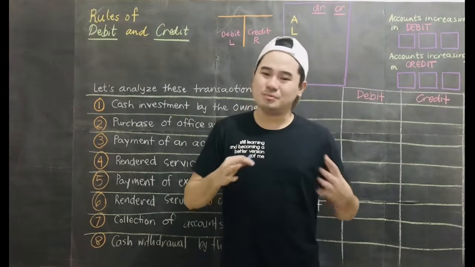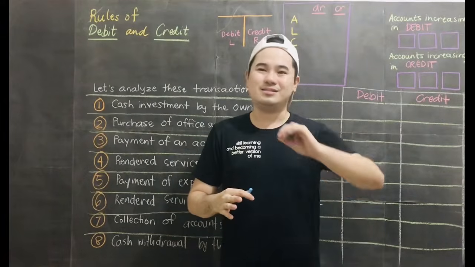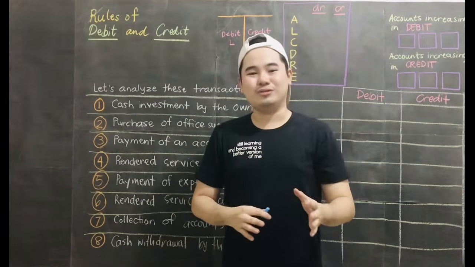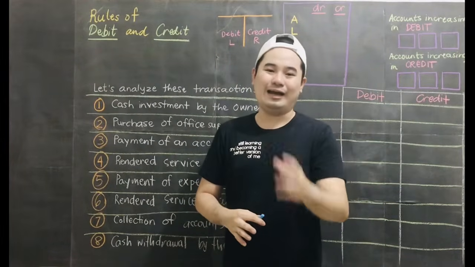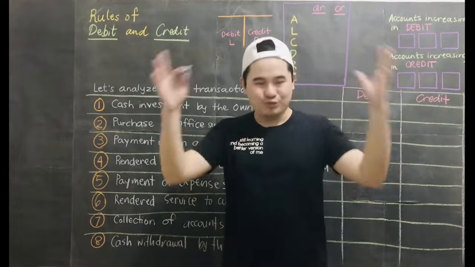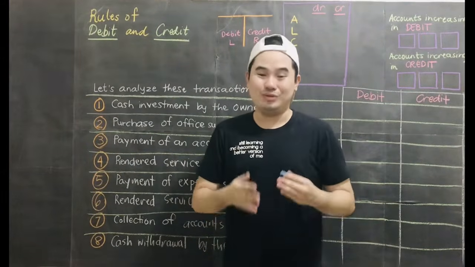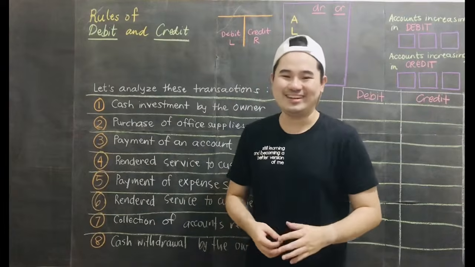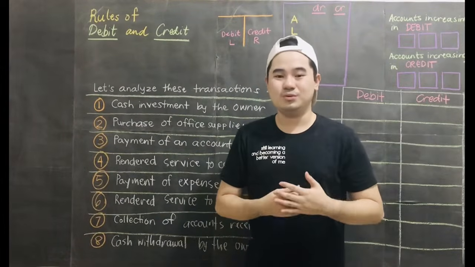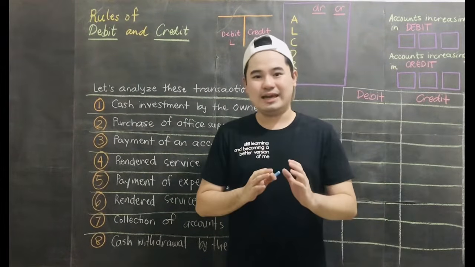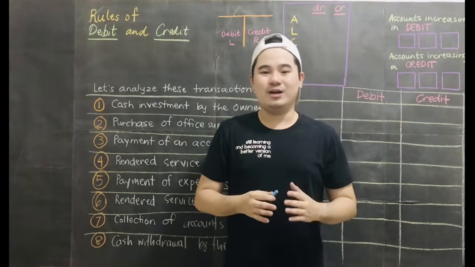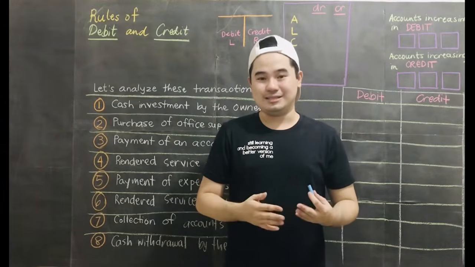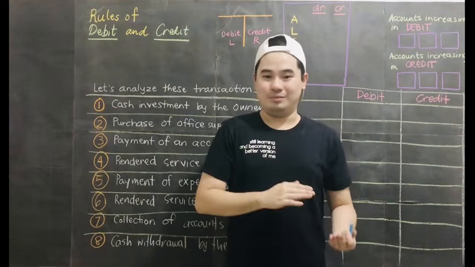The core principle of accounting, much of your accounting life is lacking if you don't know the rules of debit and credit. So today we will be discussing the rules of debit and credit, and we will have some transactions and how these transactions will be analyzed and how we apply debit and credit.